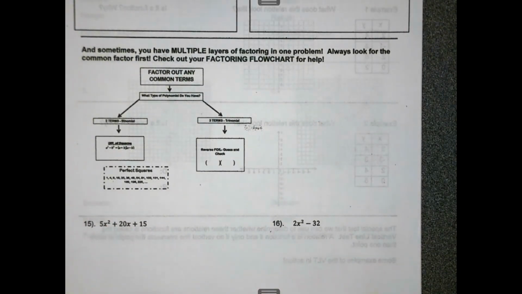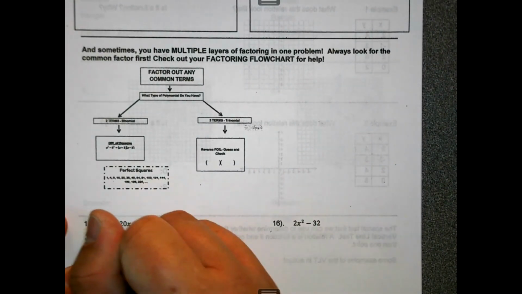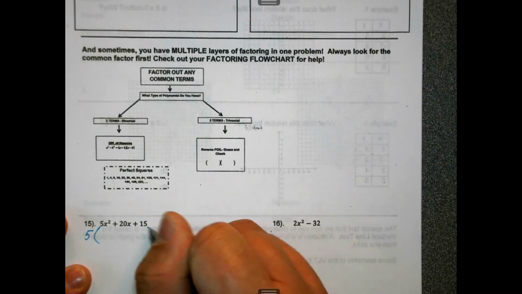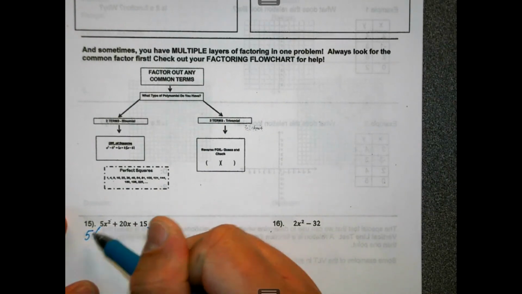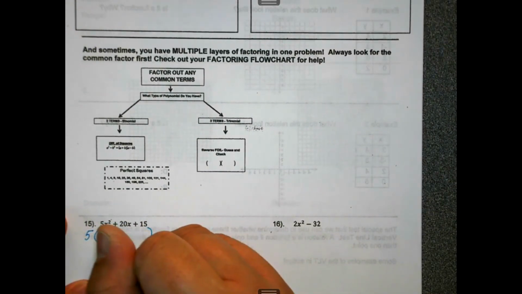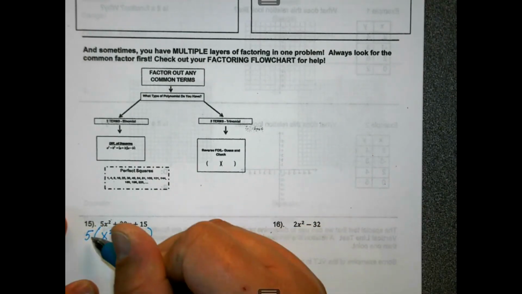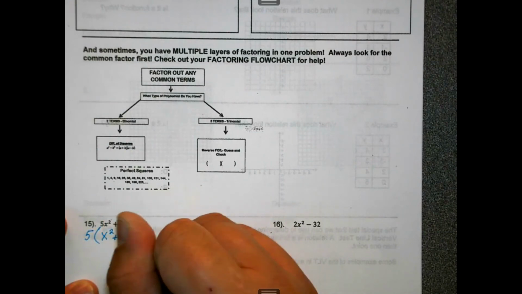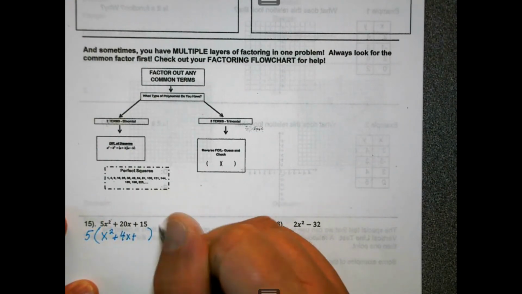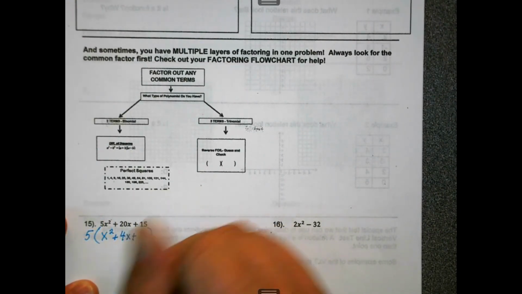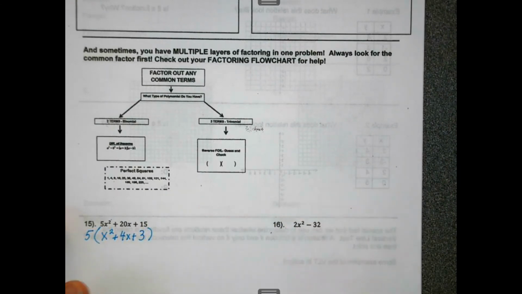Yes. What is it? 5. Yeah, I can take out a 5, right? So 5x squared divided by 5 is x squared. 20x divided by 5 is 4x. And 15 divided by 5 is 3.